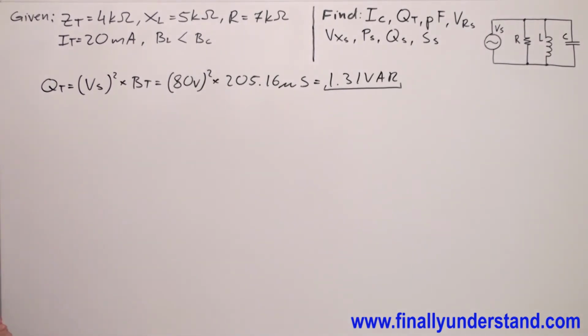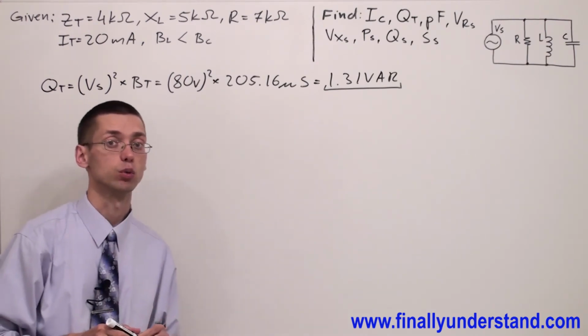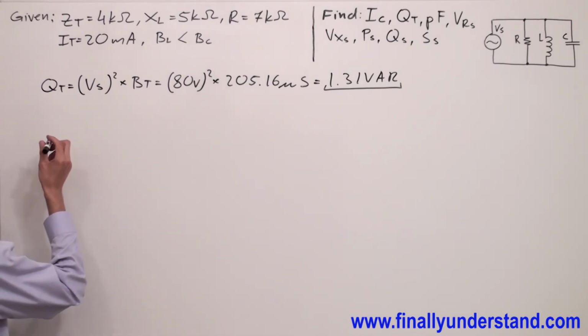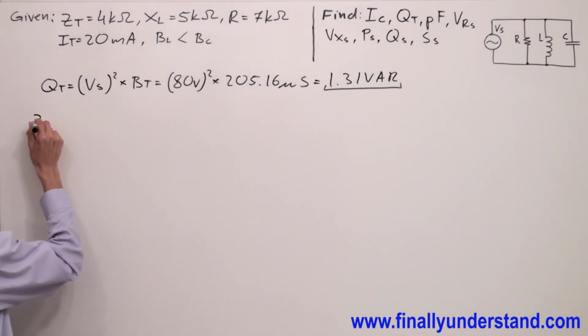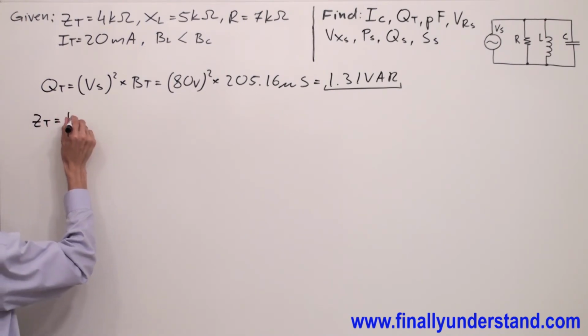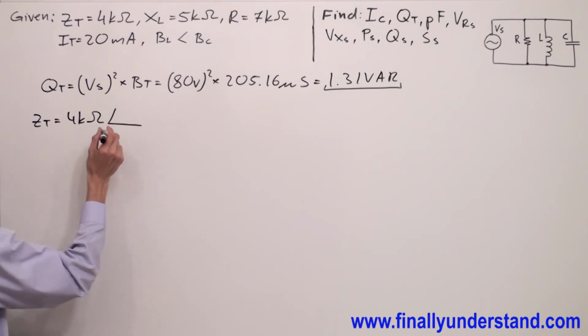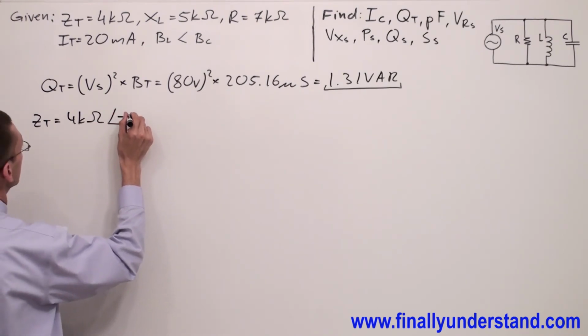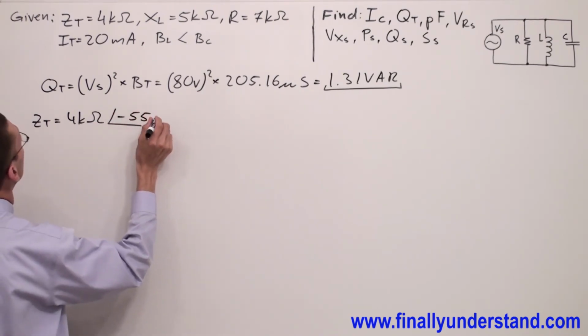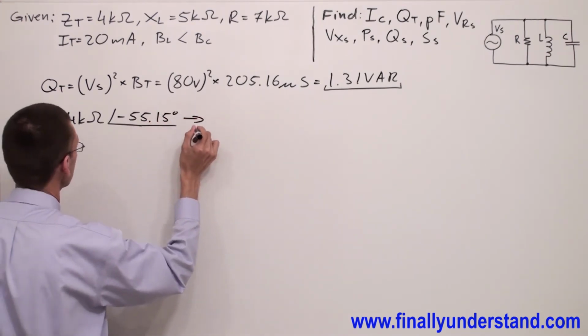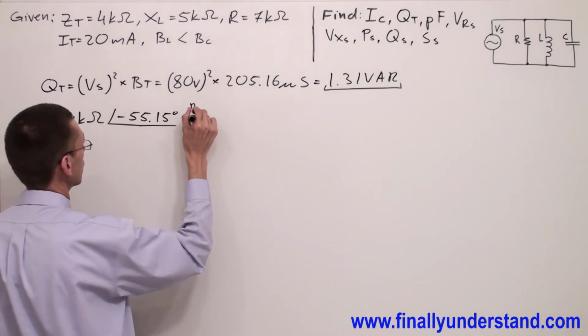Next, we're supposed to find the voltage across the resistor in the series equivalent circuit. In order to do so, we simply write Z total is equal to 4 kilo ohms and angle of negative 55.15 degrees, and convert this to the rectangular form.